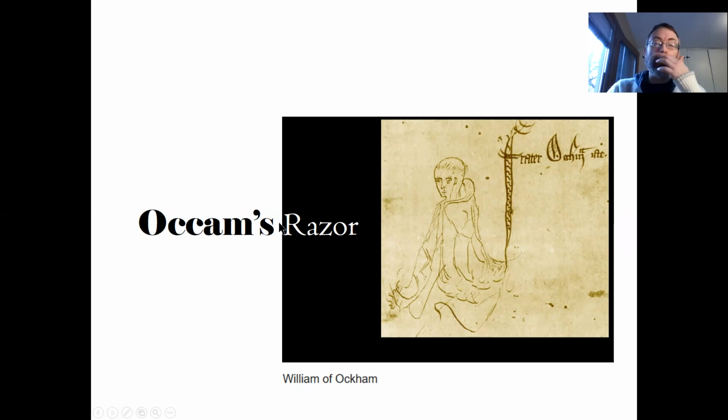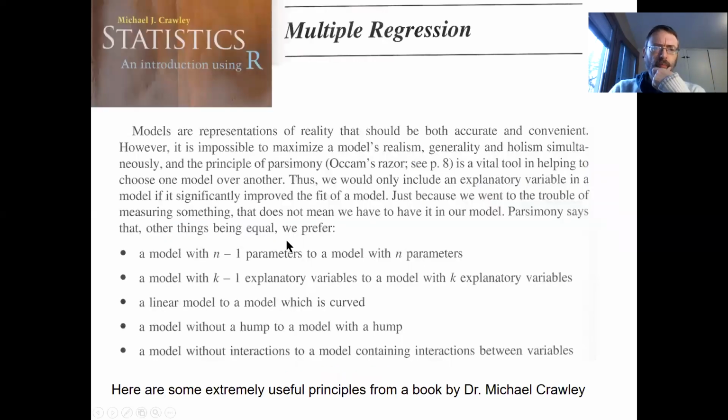That's Occam's razor. You very much need it in multiple regression. So here is how we apply Occam's razor. P.S. Michael Crowley is calling out Occam's razor too. I borrowed this from Michael Crowley. He had it before. Now I've got it, so it's no problem. I'll give it back to him later.